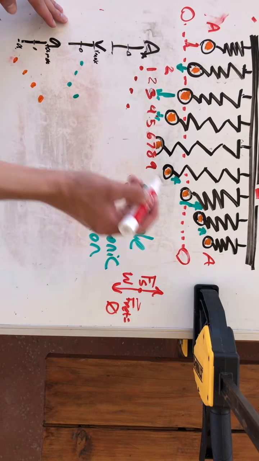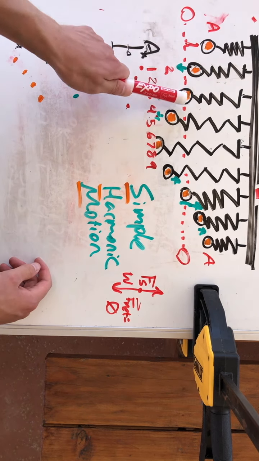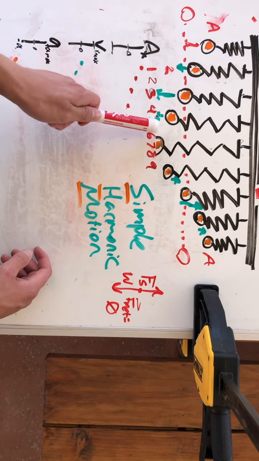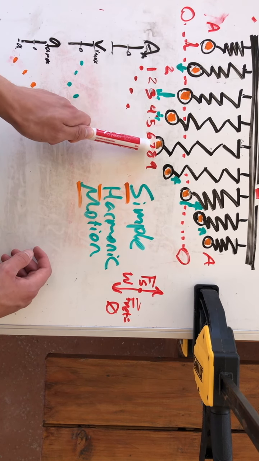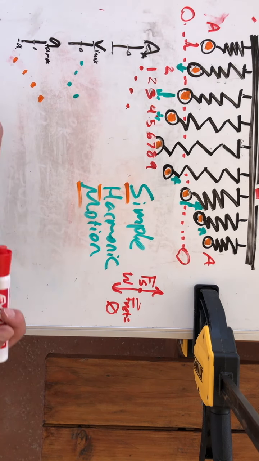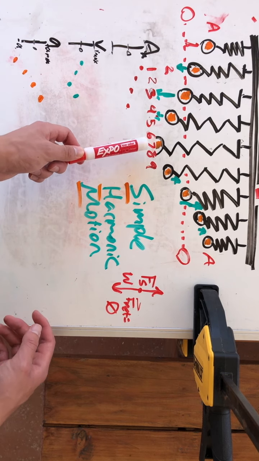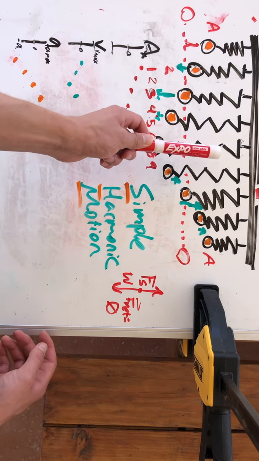All right, these are all the points on the graph here, or on the diagram. We got 1, 2, 3, 4, 5, 6, 7, 8, 9. Okay, so we're at 4, 5, when the ball is at its lowest point, and the spring is most extended. So why don't you take a minute, see if you can get ahead of me here. What do you think is going to happen when the ball is at its lowest point and the spring is fully extended?